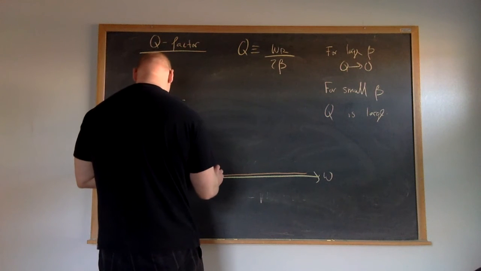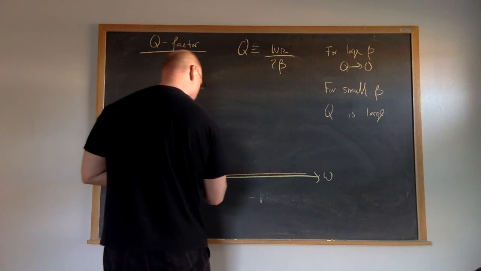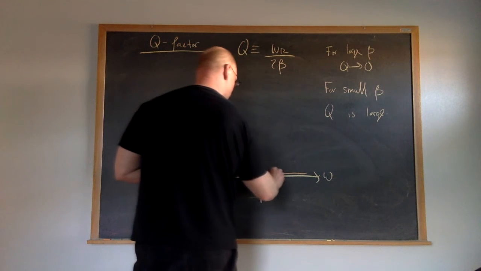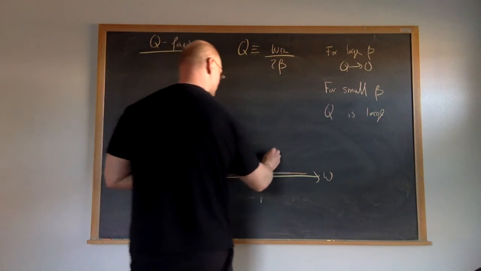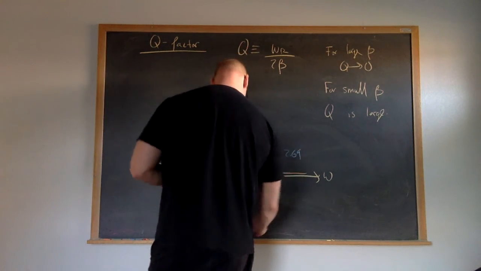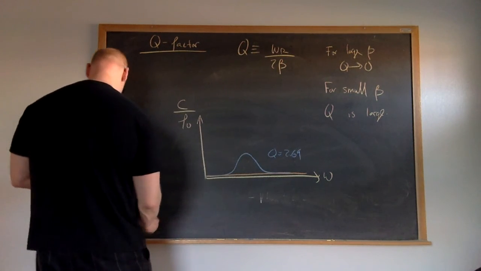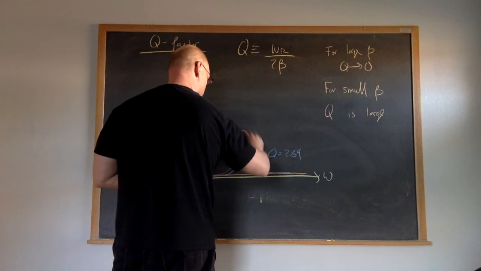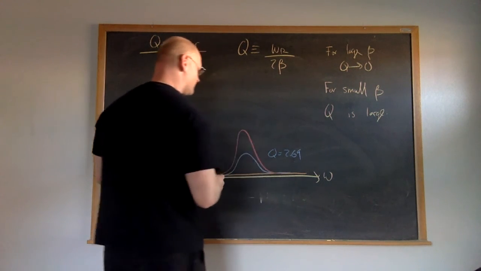So for a smallish Q value, this thing's going to do something like this. This is going to be my resonance, with a Q of about 2.69. I can also have something like this, a bigger Q, so I have a bigger resonance.